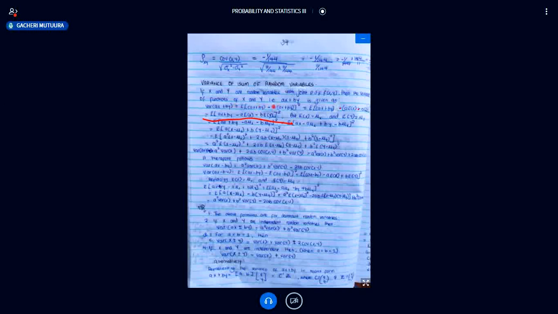This negative, the variance, because the variance we have said is x minus x bar, or x minus expected value of x, all this squared. So this negative that appears here is what is being supplied now inside that bracket. So we end up with that function.